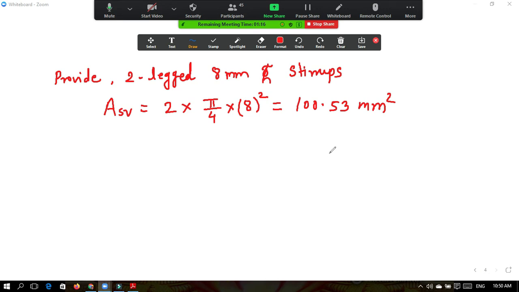Now we need to calculate the spacing for the same. For the spacing, three criteria are there, and we are going to use those criteria. For spacing, you can go to clause number 40.4, page number 73 of the IS code. So we will go there first.